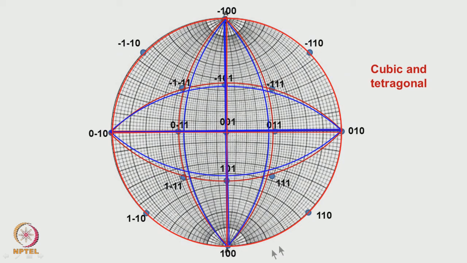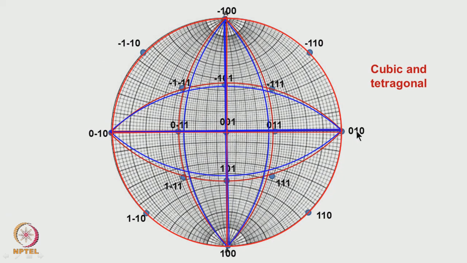Similarly, between 100 and 110 it was 45 degrees, and 001 and 110 is also 45 degrees. Then between 001 and 011, it is again 39.